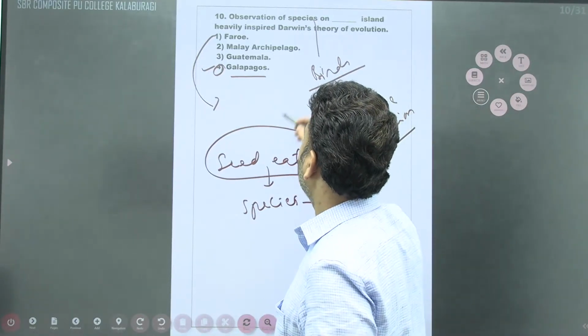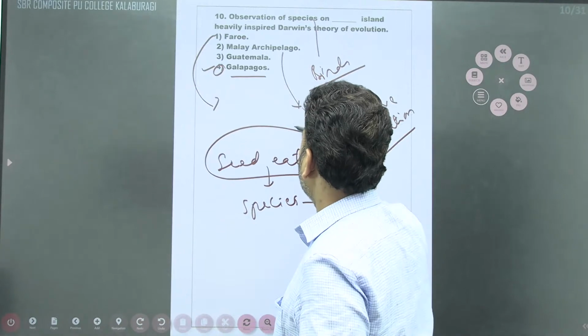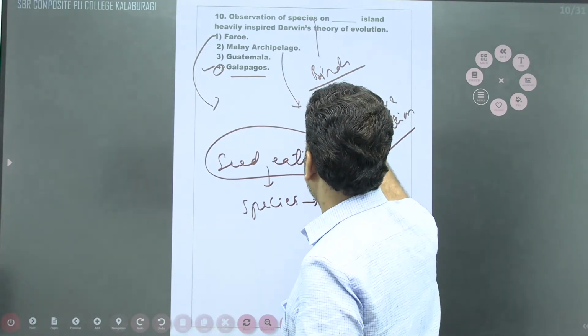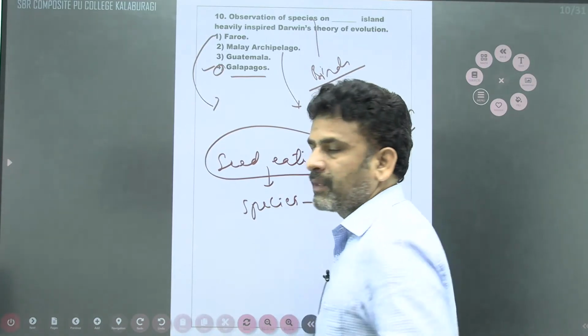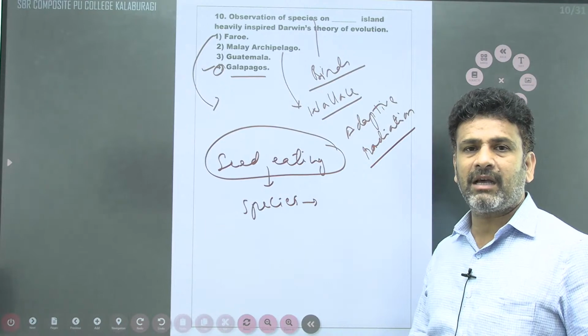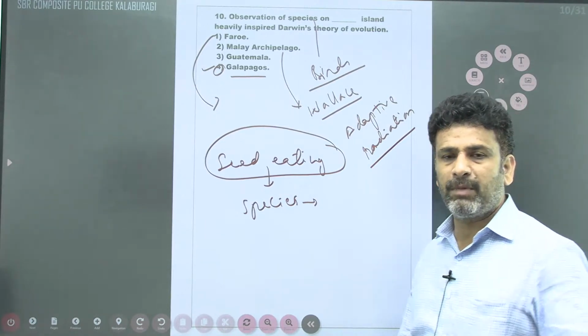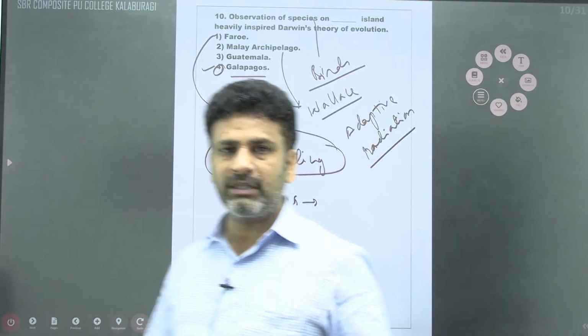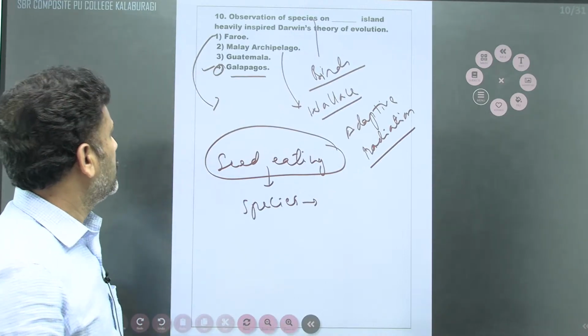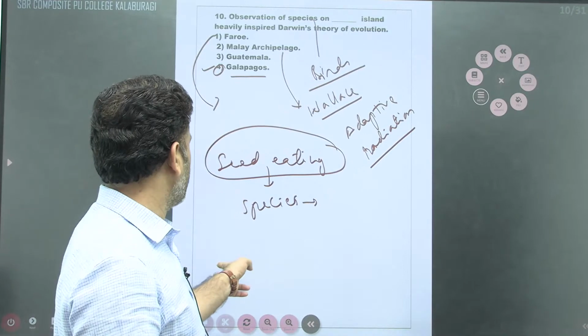Likewise, the Malay Archipelago is the island where Alfred Russel Wallace worked. Is it clear? Concludingly, both Darwin and Alfred Russel Wallace published the theory called the origin of new species by natural selection. So that's why the option is the fourth one.